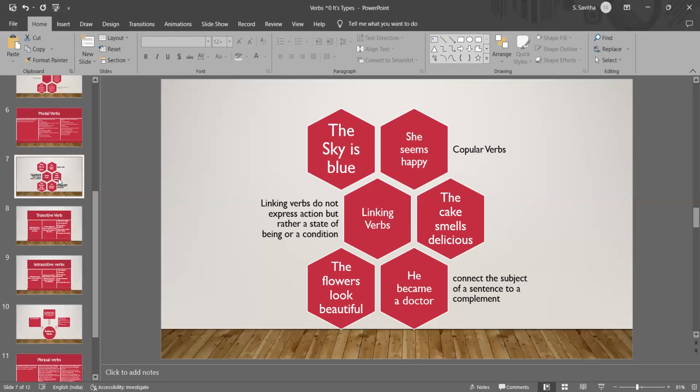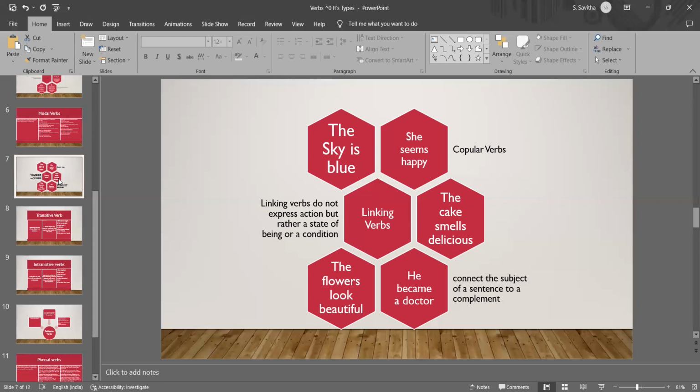So when you learn something, you have to understand how it is applied, what is its meaning. All such things you need to understand clearly. It's very important to note that not all verbs that can be linking verbs in one sentence will always be linking verbs in other sentences.